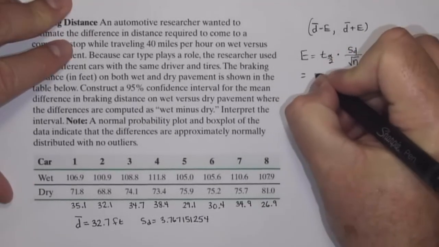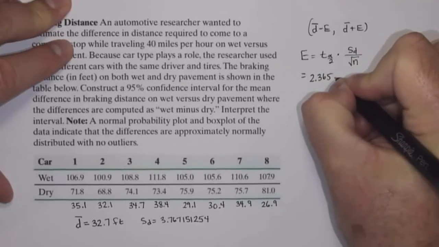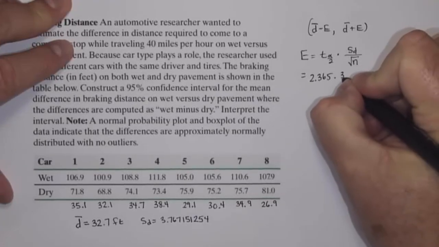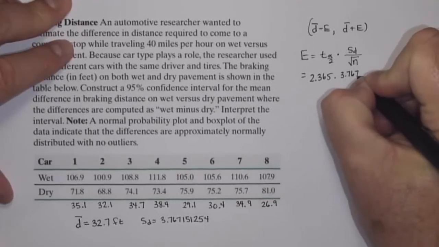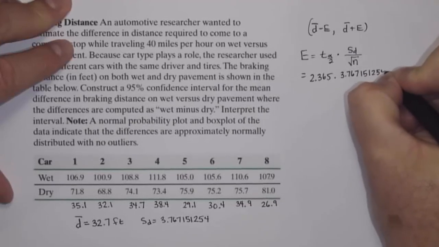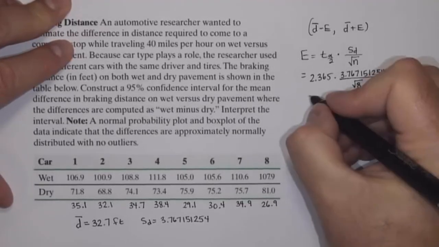So our margin of error is going to be 2.365 times the standard deviation of the differences, which is 3.767151254, divided by the square root of the sample size, and the sample size is 8.